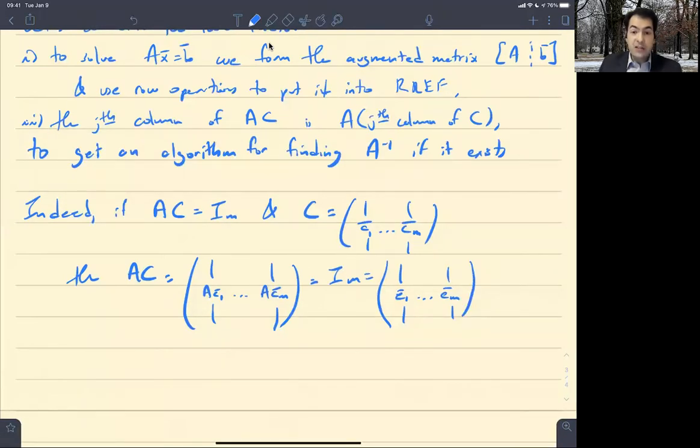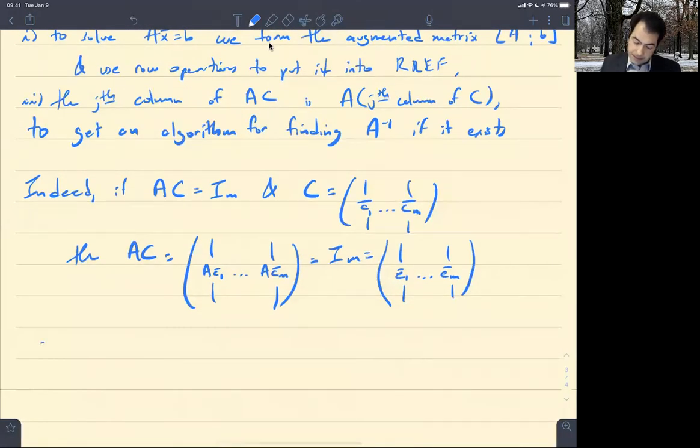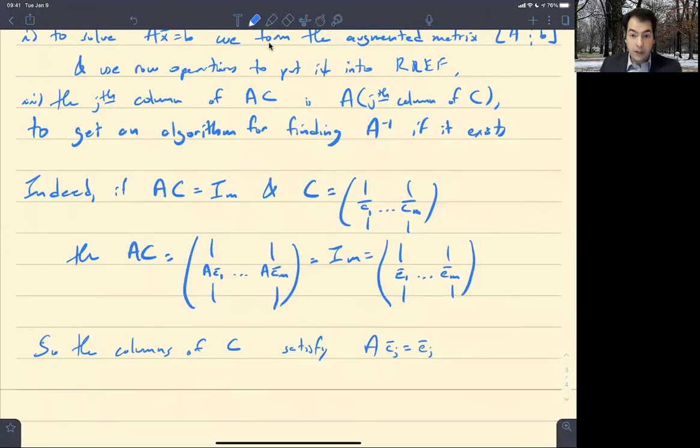So to say that AC is equal to the identity is really to say that the columns of C satisfy ACj equals Ej, right? Where the Ejs, of course, are the standard basis vectors of Rn. Remember, that means that Ej is a vector whose coordinates are all 0 except for the jth coordinate, which is equal to 1.